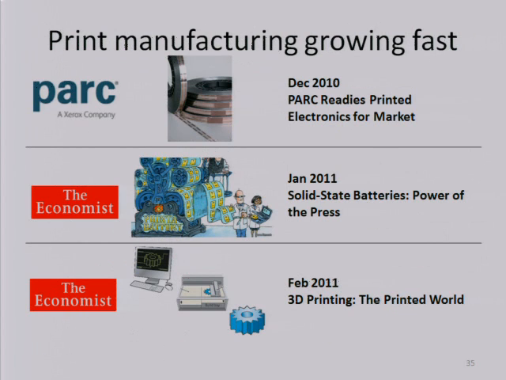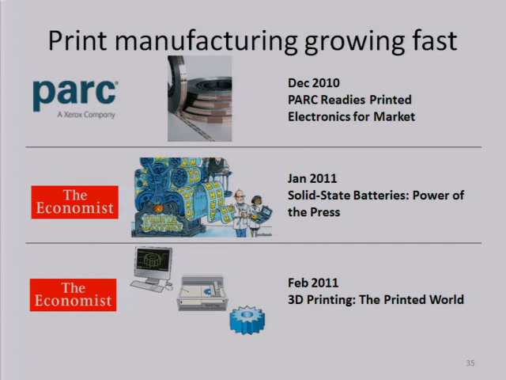I want to convince you that printing is moving beyond making newspapers and so on. So coincidentally, there are 3 publications that have appeared recently. There's something out of the Palo Alto Research Center, one of their house magazines, about them being ready to print electronics.